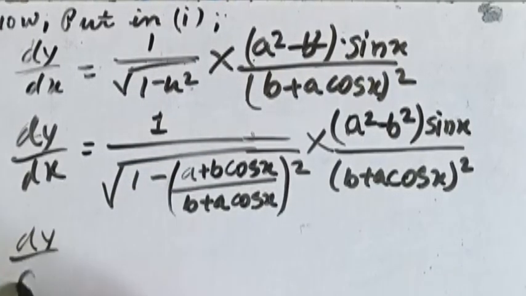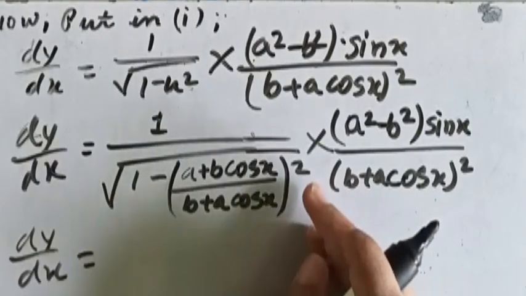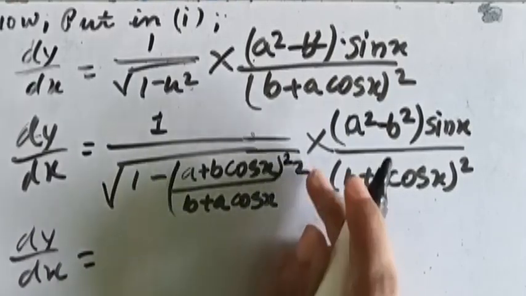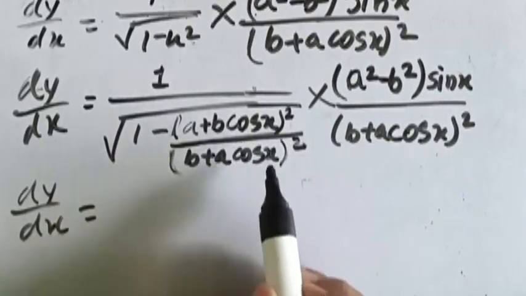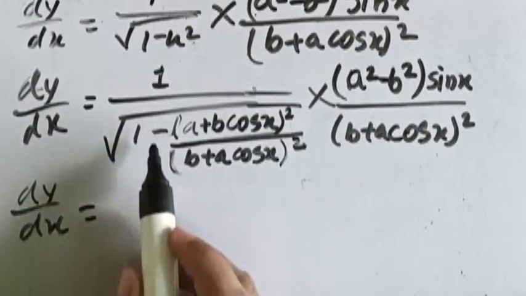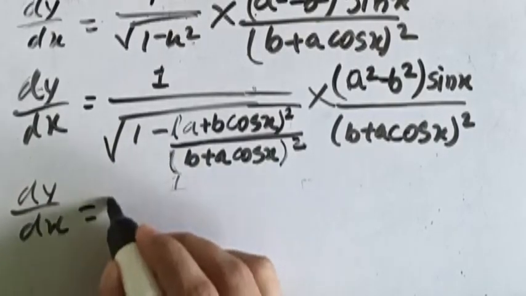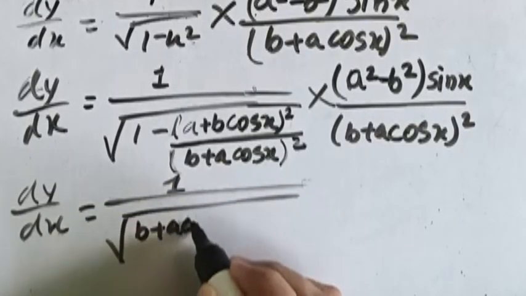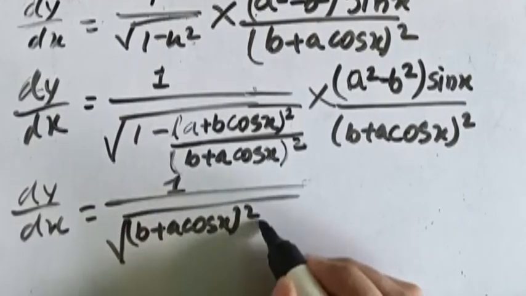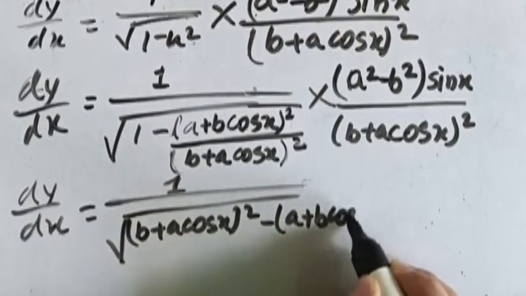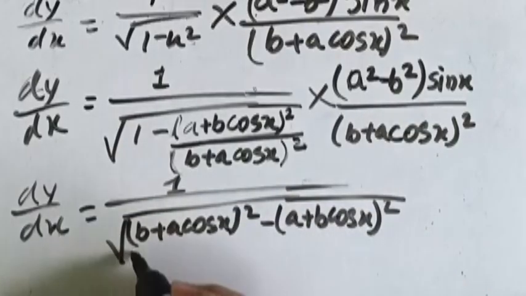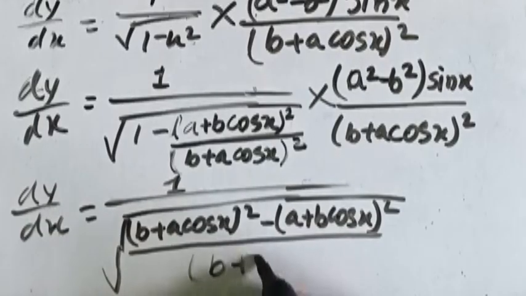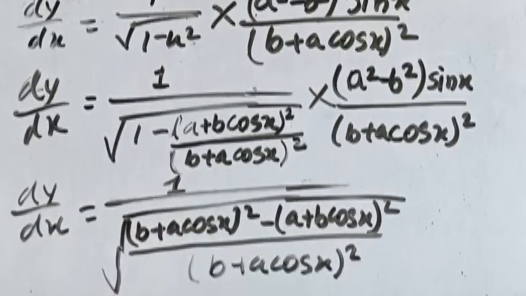So now let's understand. It was whole square, so you can write this one like this. Now multiply it with 1. So it will become 1 upon under root, (b plus a cos x) whole square minus (a plus b cos x) whole square, upon, it is under root, remember always, (b plus a cos x) whole square, right?